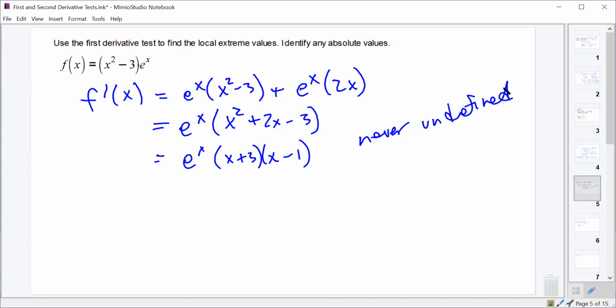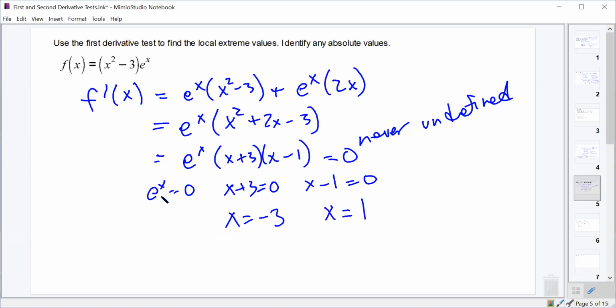So never undefined. And when does it equal 0? Well, when e to the x equals 0, or when x plus 3 equals 0, or when x minus 1 equals 0. So negative 3 and 1. And when does e to the x equal 0? Never.